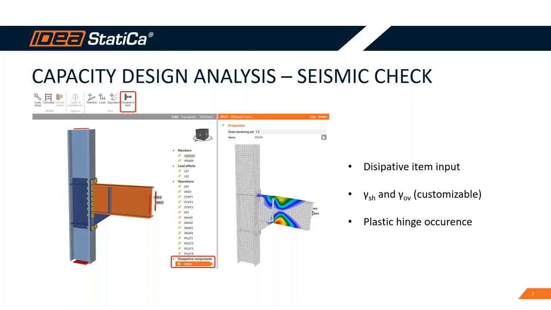You can input or choose a dissipative item, and you can perform the code check with a slightly different approach, for example, with usage of strain hardening factor, etc. And the plastic hinge occurrence can be seen. So it's our new capacity design analysis. I will show you a practical example in a few minutes.